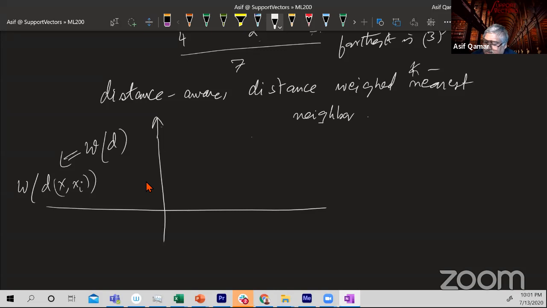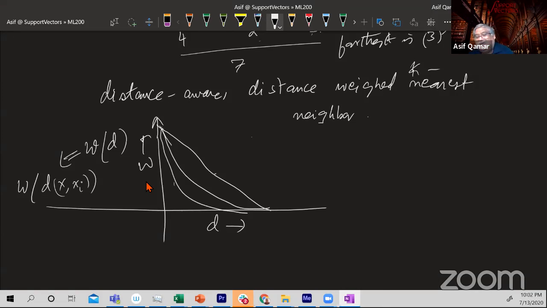It goes like this. Some decay function you need, something that decreases. It may decrease like this, it may decrease like this, it may decrease like this. Do you realize that each of these will serve the purpose, right? You just say that the further off the distance is, the less weight you give to that point in making a decision about cows and ducks or the weight of that animal and so forth. Is this intuition clear, guys?